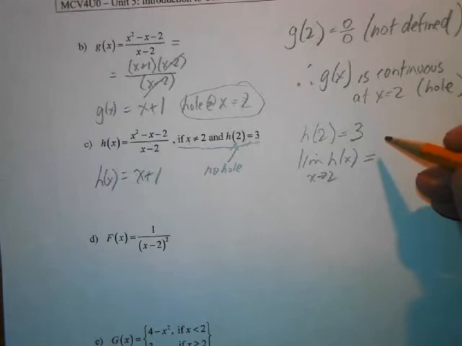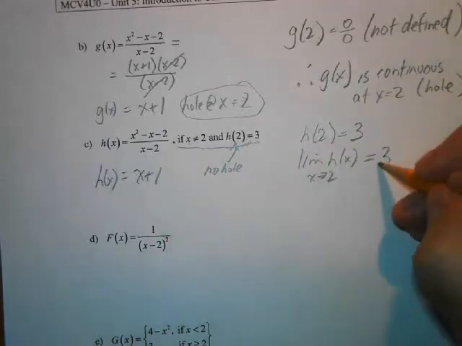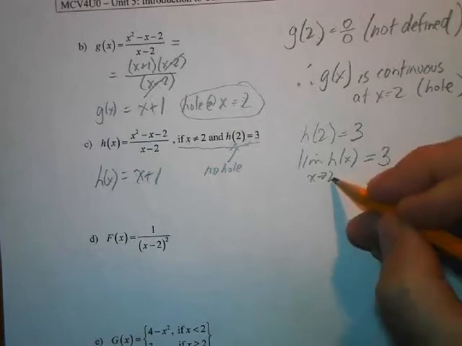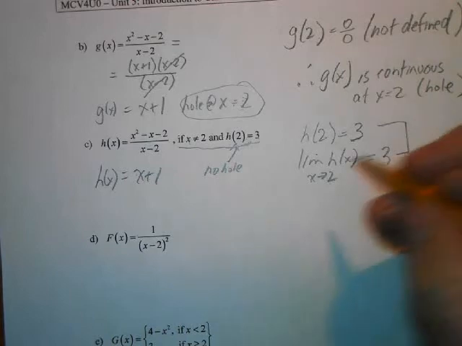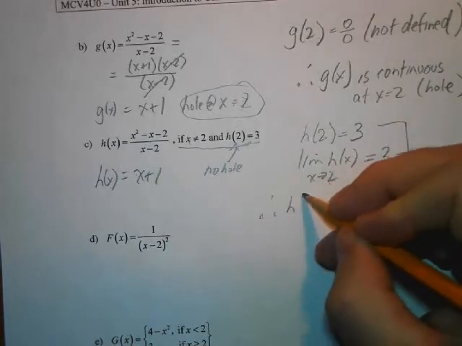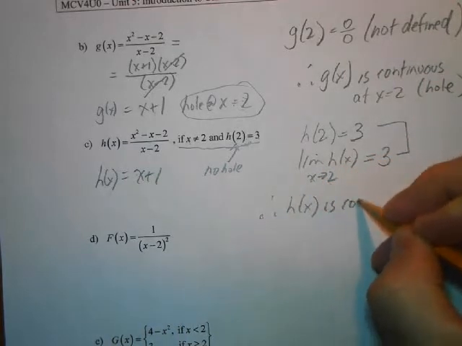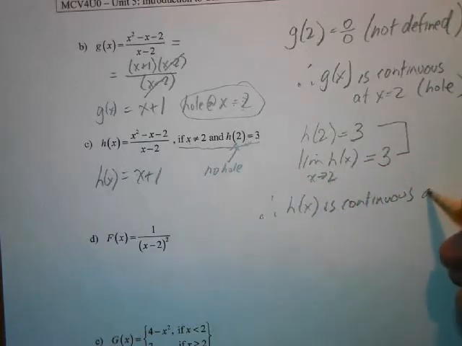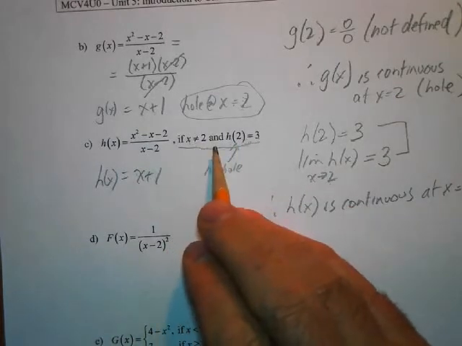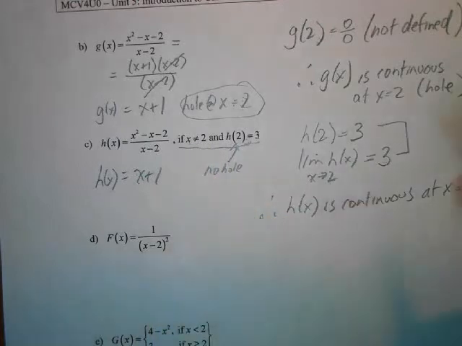That value is going to be 2 plus 1, which is also equal to 3. So it's approaching 3 at x equals 2, and the value of the function is 3 at x equals 2. The fact that the limit and the actual value of the function at x equals 2 are the same tells us that h of x is continuous at x equals 2.